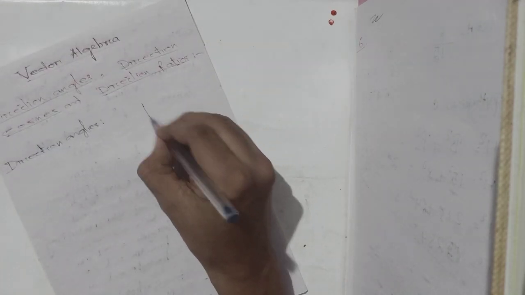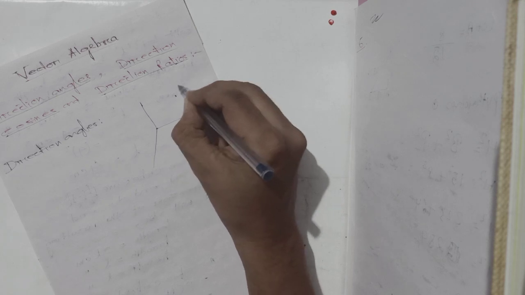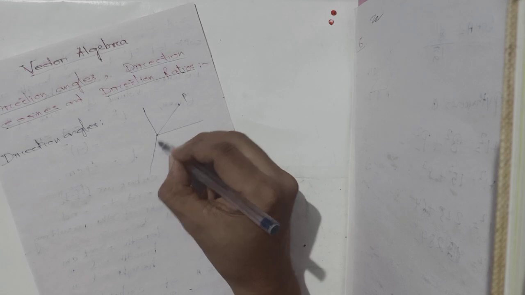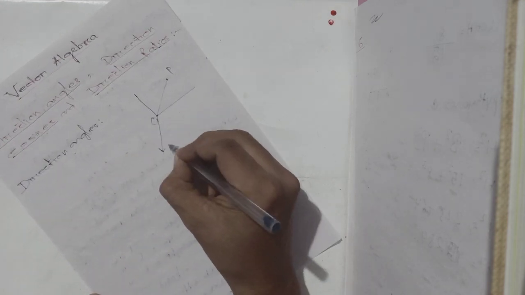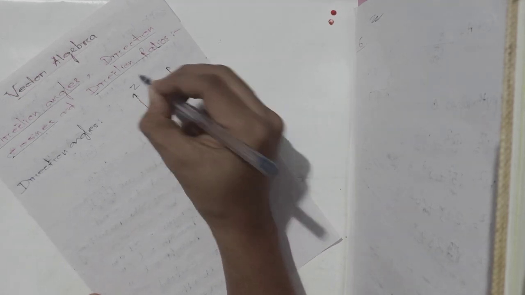So direction angles, students: suppose in a three-dimensional plane, P is a point, and P makes angles alpha, beta, gamma with the x-axis, y-axis, and z-axis.